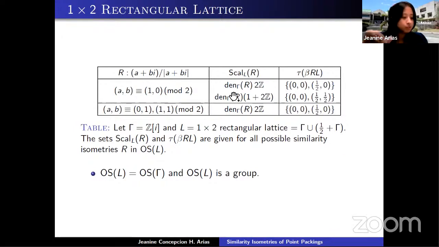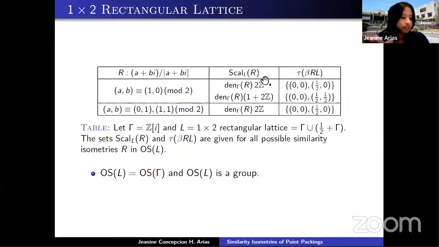This table here shows the skull and the tau for all possible similarity isometries of L. The similarity isometries here are classified according to congruence modulo 2 of the real and the imaginary parts of the complex number associated to our rotation R. And here reflections are represented by their rotational part.